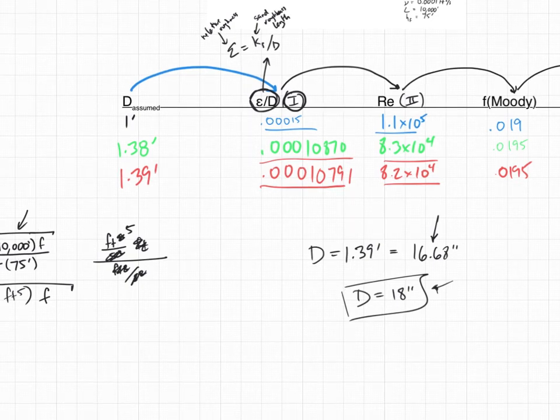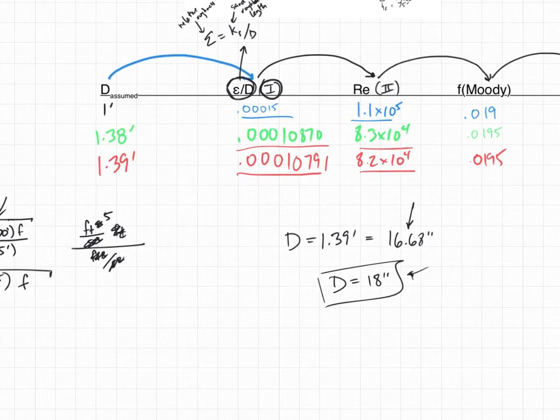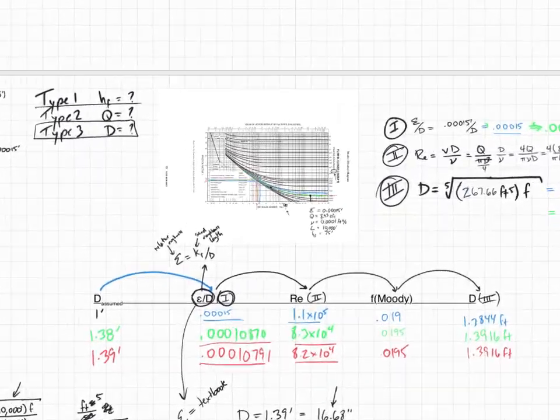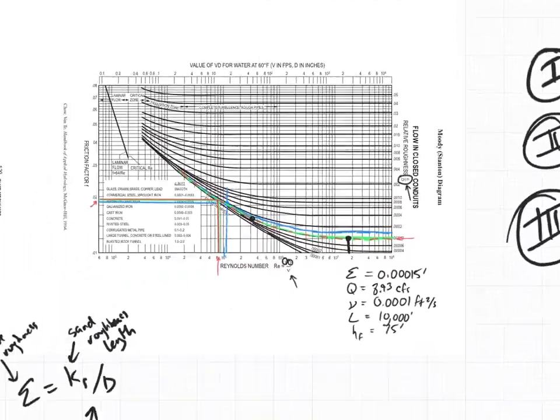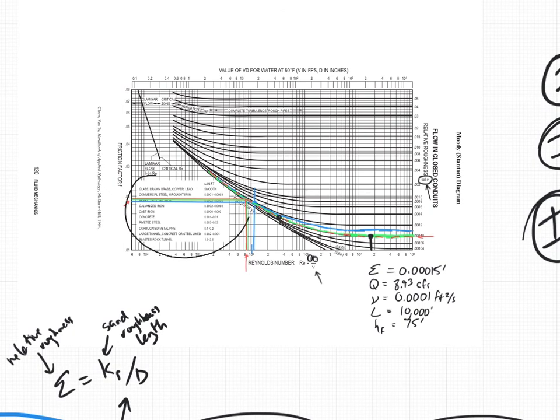Okay? Oh, and if ever you need these epsilon values, these roughness values, you can get these from a textbook. Okay, this particular Moody diagram has them on it right here. But notice that it only has the ones for the English system. It does not have the metric system.